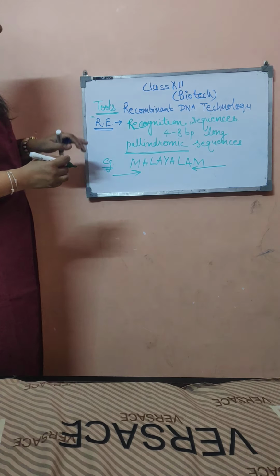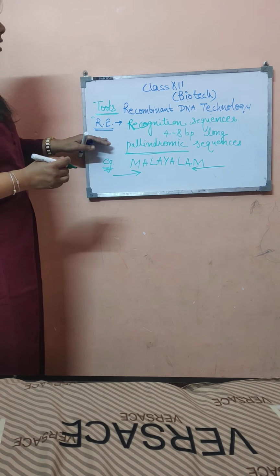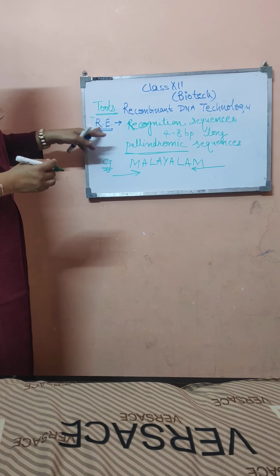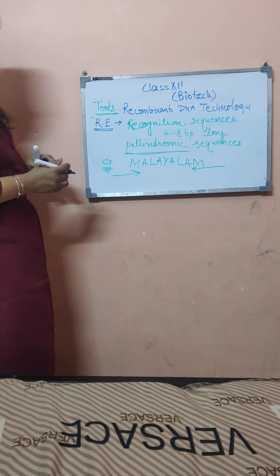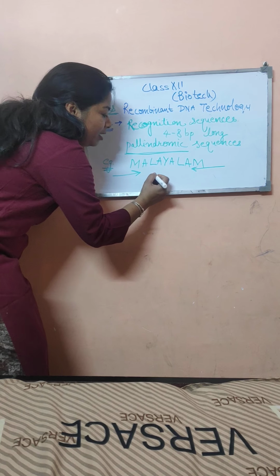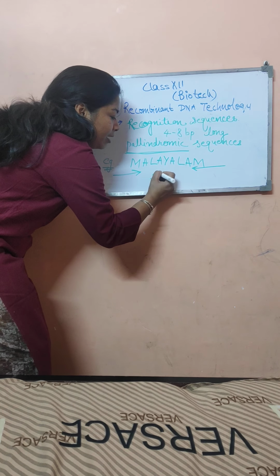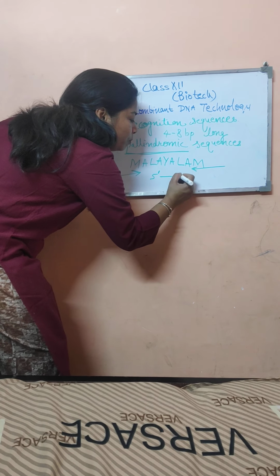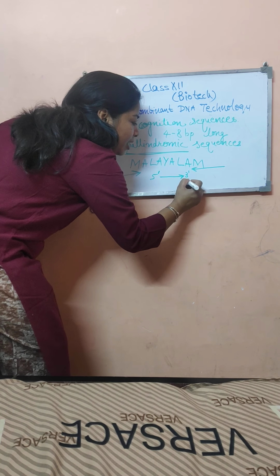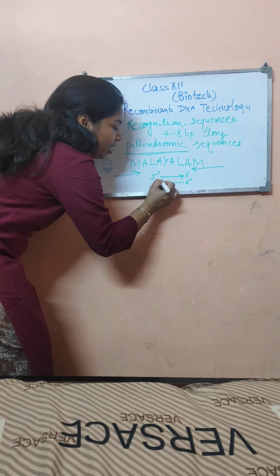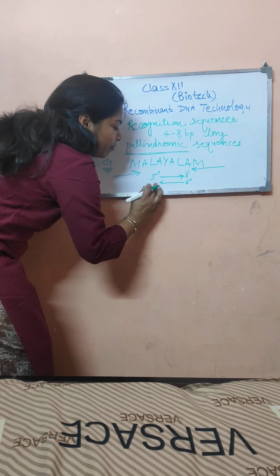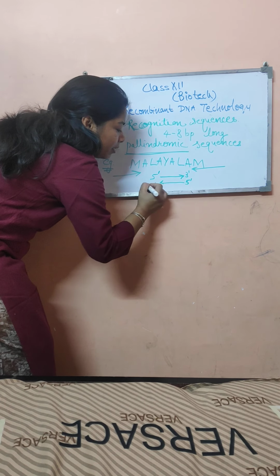And when we talk about the recognition sequences of restriction endonucleases, they should be the same in the 5' to 3' direction, and similarly in the antiparallel strand 5' to 3'.